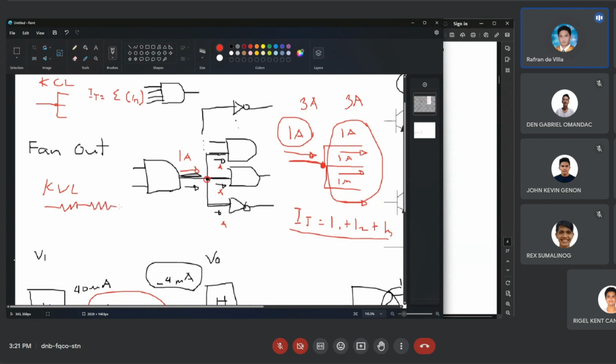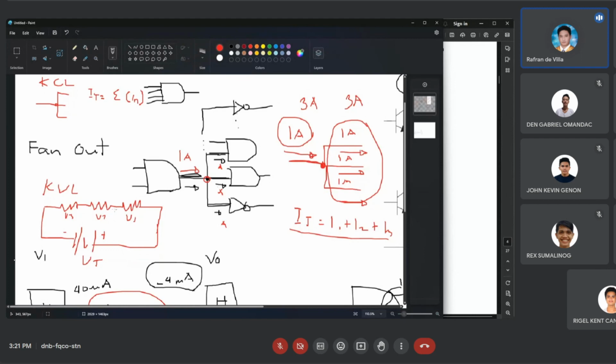So if this is like your load connected to, let's say, your battery, so ang voltage 1, voltage 2, and voltage 3 is equal to the voltage total.